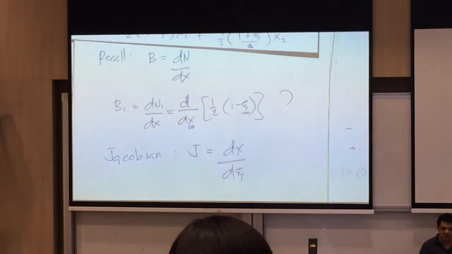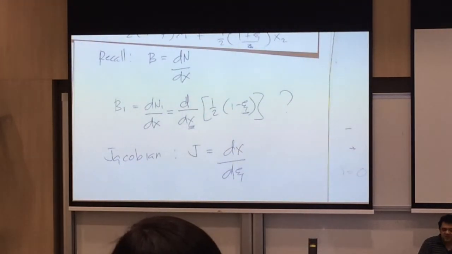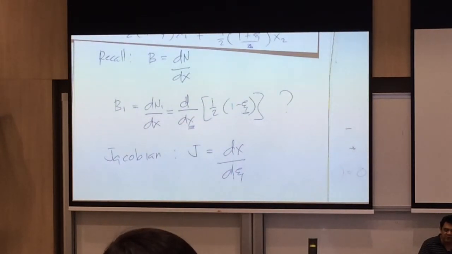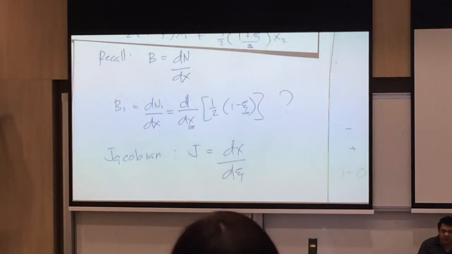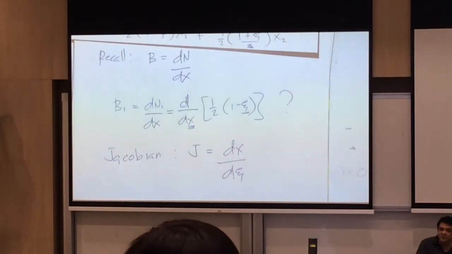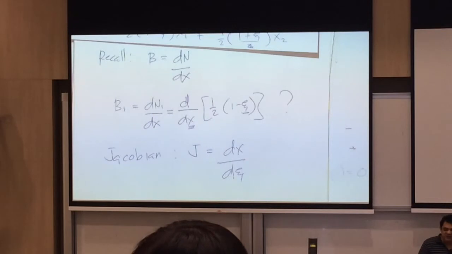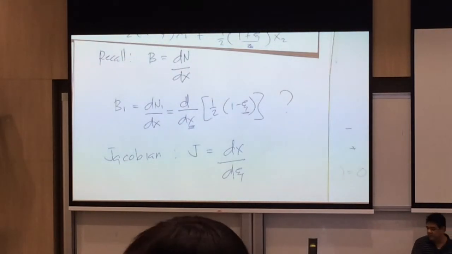So as you can see, we have dN1 dx, and we don't know how to move on because we got the shape function N1 to be 1 half of 1 minus c, and N2 equal to 1 half of 1 plus c. But if we take the derivative with respect to x, it will be a problem, because you're taking the derivative of a function of c with respect to x. We don't know that. So we need to introduce the Jacobian, which is dx dc. The value is L over 2. I'll explain later why.